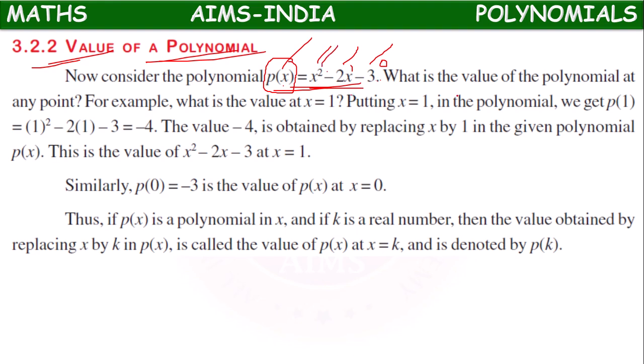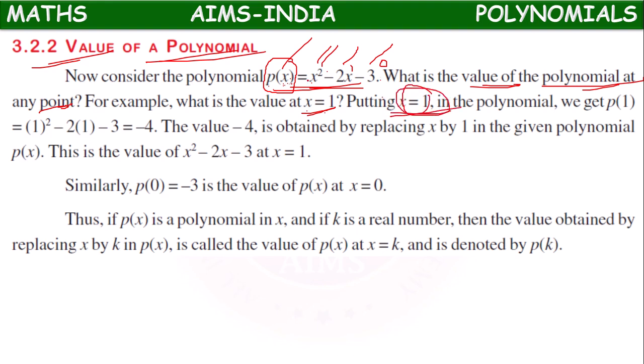Now the question is, what is the value of this quadratic polynomial at any point? When x equals 1, what is the value of p of x? If you want to find it, in the place of x we keep 1, and it becomes p of 1. In all the terms on the right hand side, we keep x equal to 1.